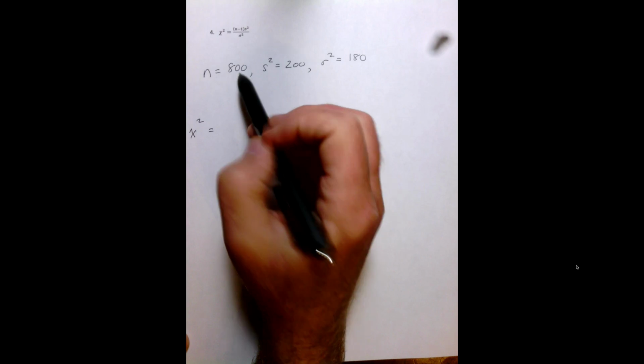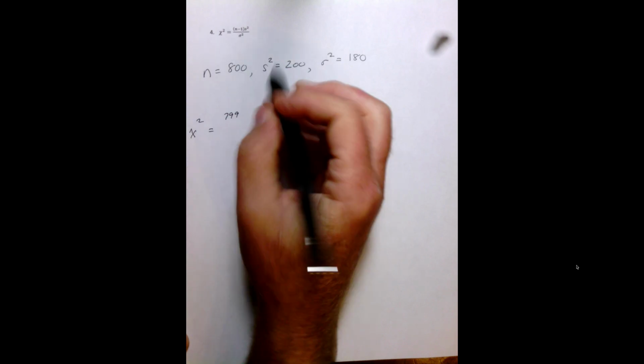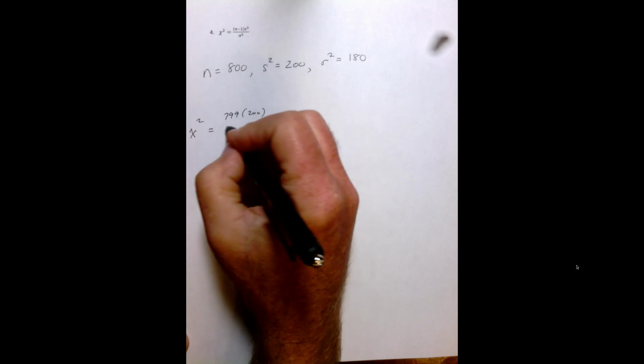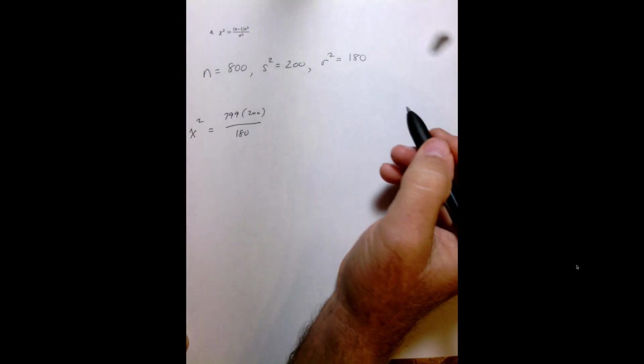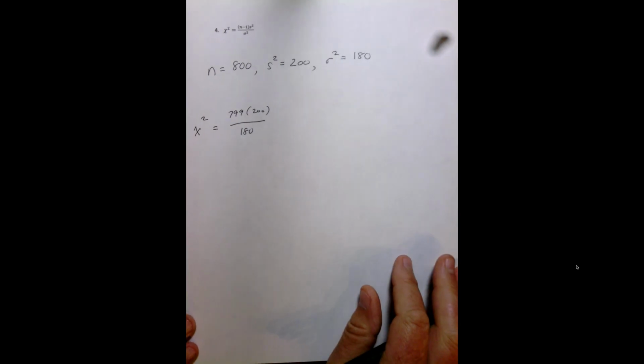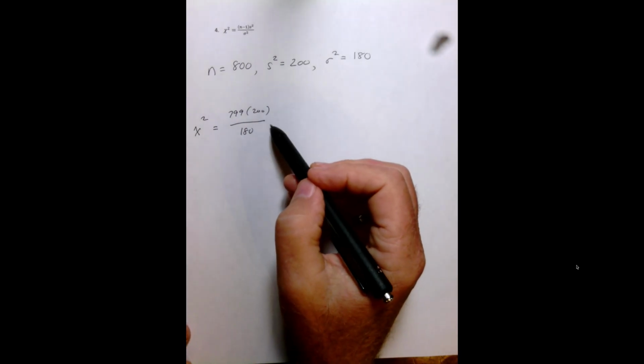N minus 1, S squared, sigma squared, 180. Now, this is a place where you have multiplication and division, so you don't have to be as careful with parentheses.